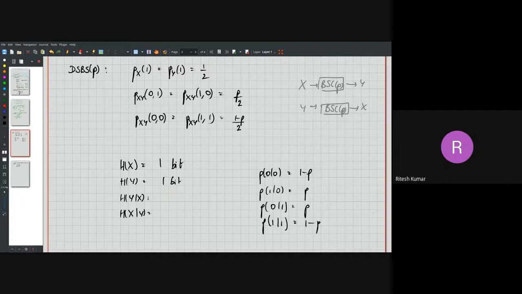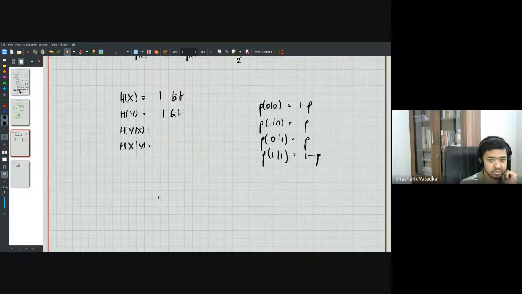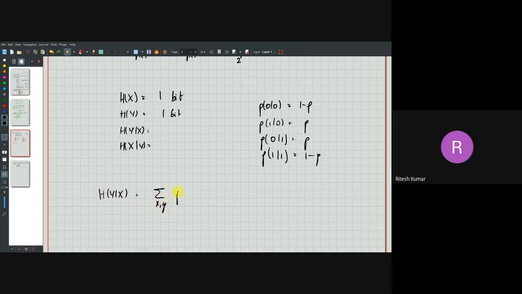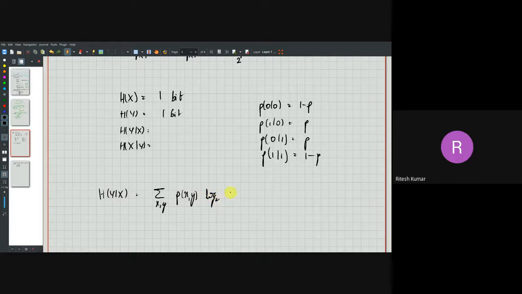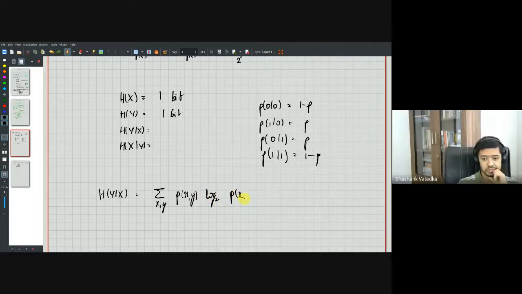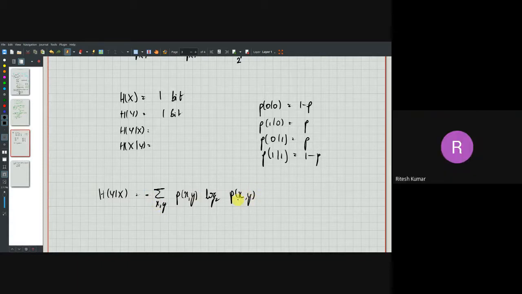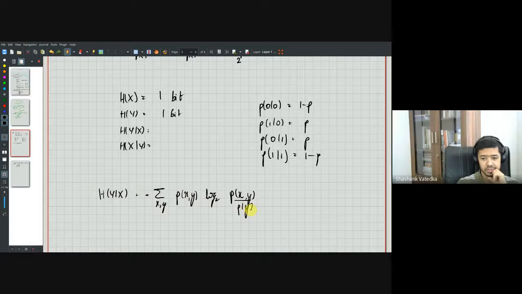So using the formula of entropy, what is the formula for H(Y|X)? It's minus the sum over x, y of P(x,y) log P(x,y) by P(x).